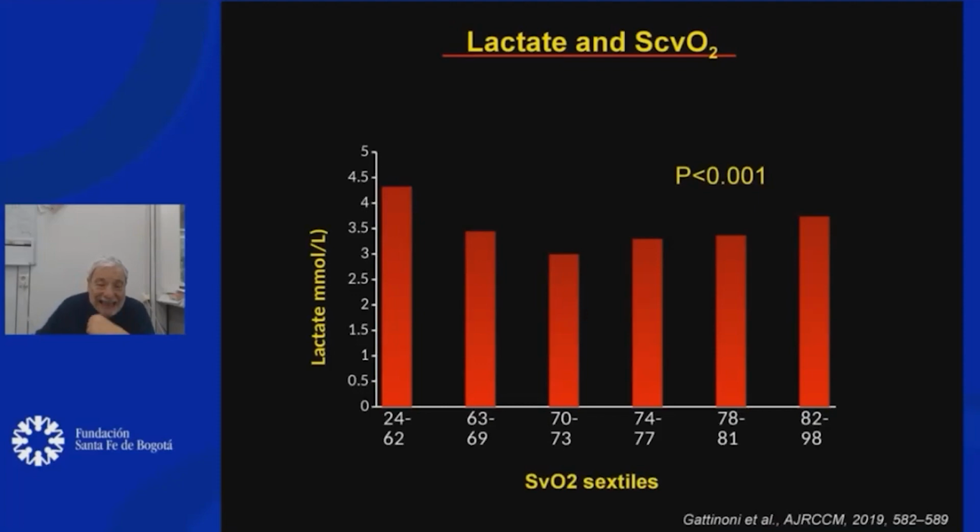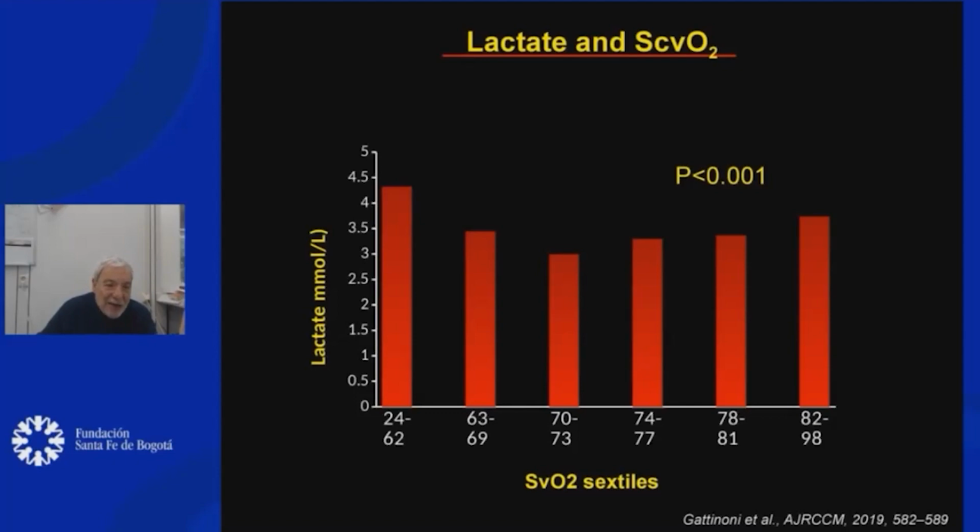And look at the lactate. If I put the lactate versus the sextile, lactate is higher at very low SvO2, and it's again higher at very high SvO2. But always the lactate is above the level that we set for sepsis.